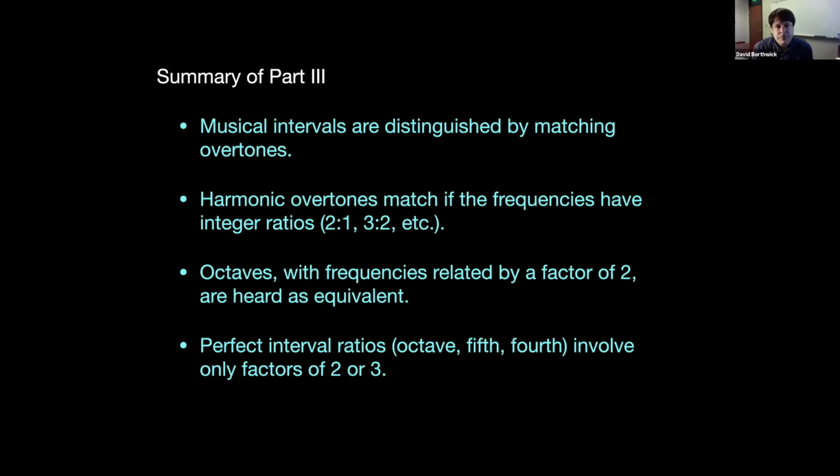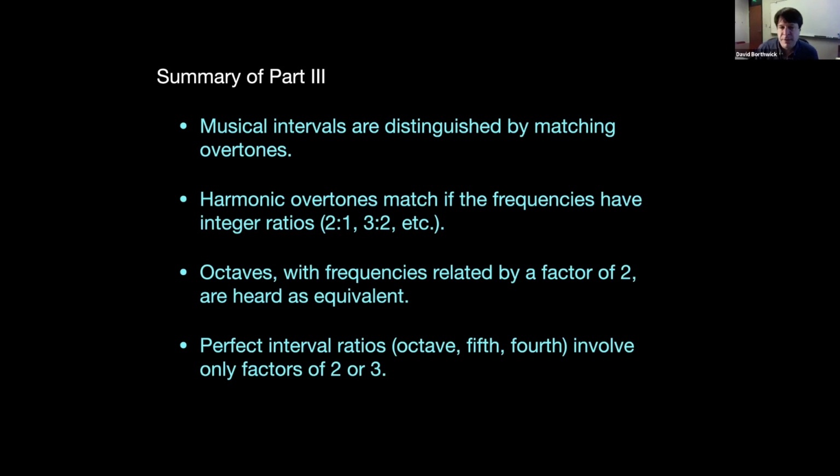Okay, so this is just a quick discussion of musical intervals, but the idea is that musical intervals happen because overtones match between the two different notes. And if the overtones are harmonic, then they'll match when the frequencies of the bass note have integer ratios, like the ones that we just saw.